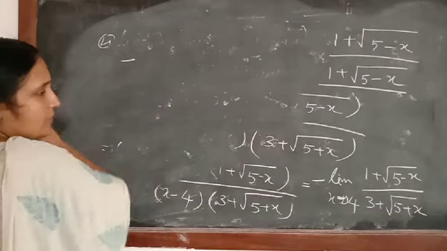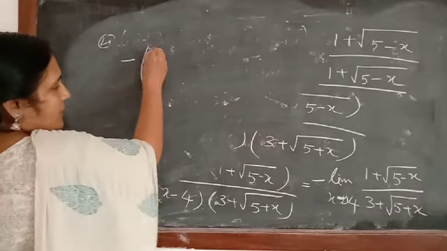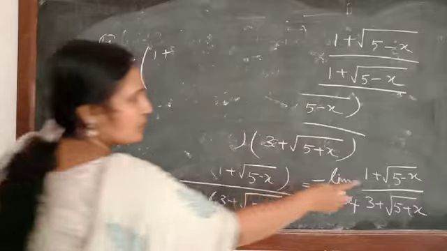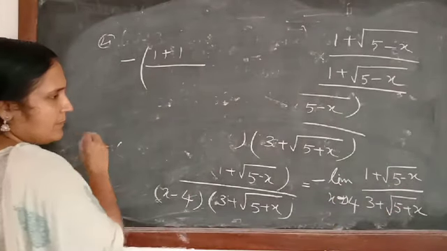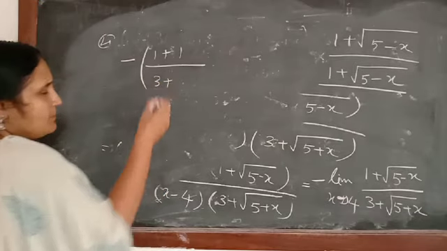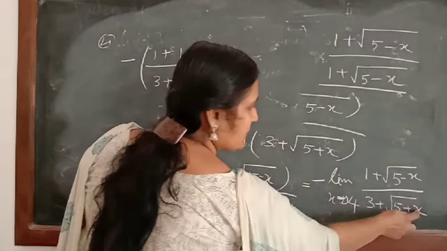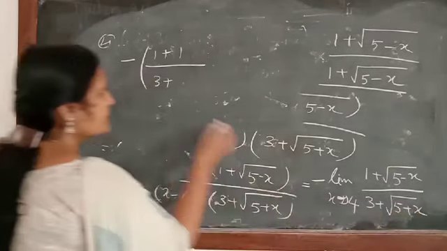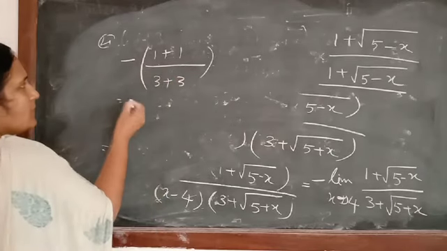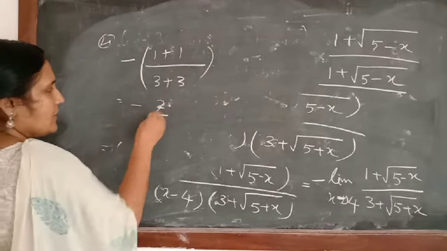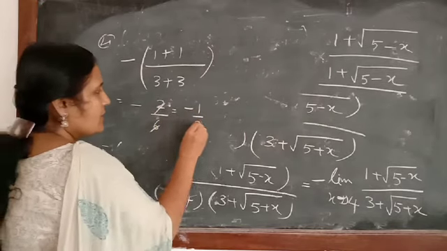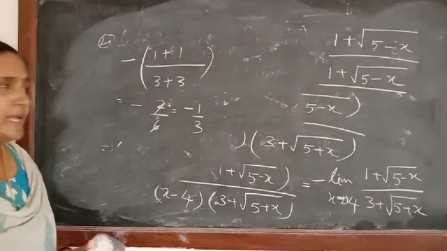Minus sign is there. Okay. So remaining is 1 plus square root of 5 minus 4, so that will be equal to 1, by denominator 3 plus square root of 5 plus 4, 9. Root 9 is 3. So it will be equal to minus 2 by 6. We can cancel it and the answer will be equal to minus 1 by 3.